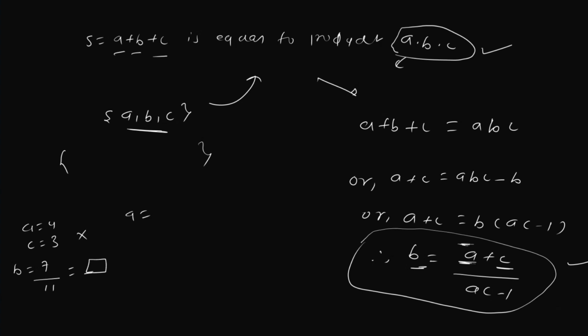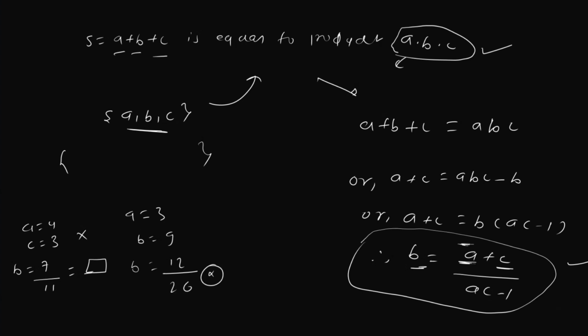Let's try to have multiples of others. A equals 3 and b equals 9. So we'll have in the numerator 12 upon 27 minus 1, 26. Also we are going to get this.